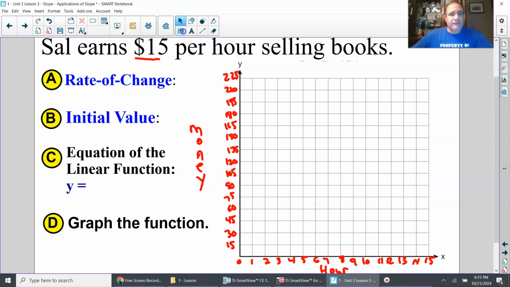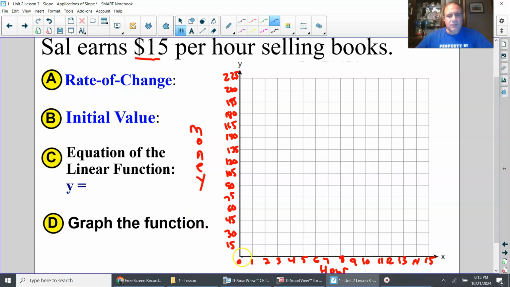So if he earns $15, we don't need a break because, again, we did skip from 0 to 15, but now we continued by 15s, so then you don't need a break. As long as you continue by the same number all the way up, then you're good to go.